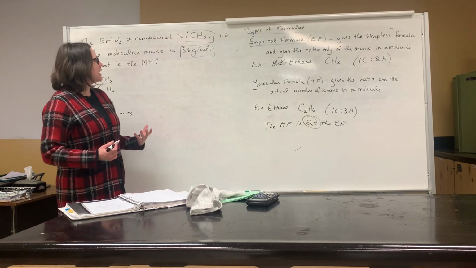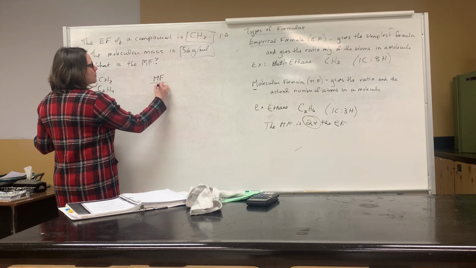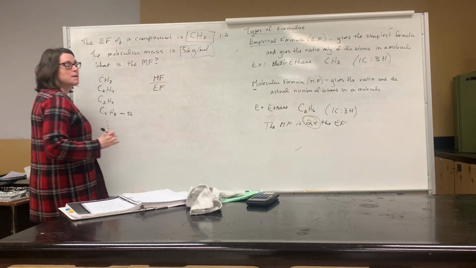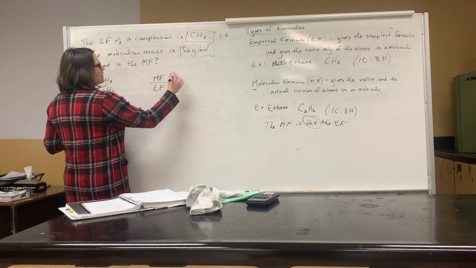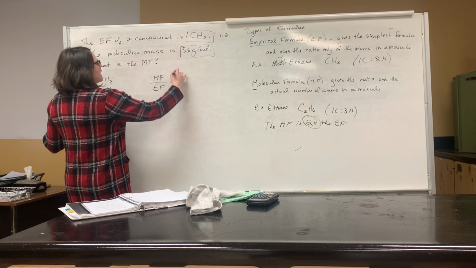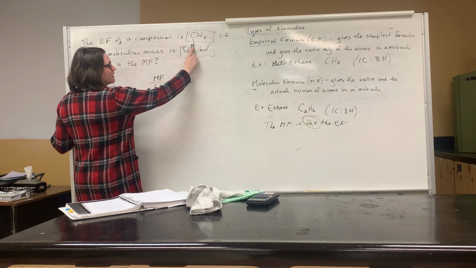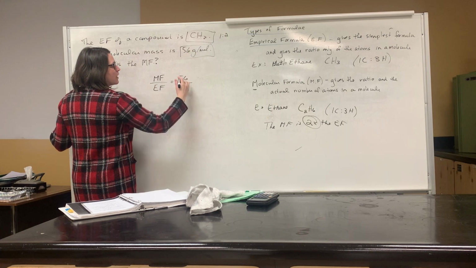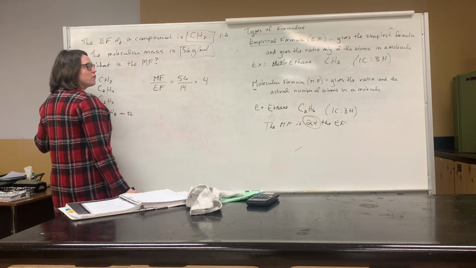what you can do is you can take the mass of the molecular formula and you can divide it by the empirical formula mass. And what you're going to get here then, 56 was given to you. And if I calculate this, if I go 1 carbon and 2 hydrogens, that's going to be 14. And you're going to get the number 4.